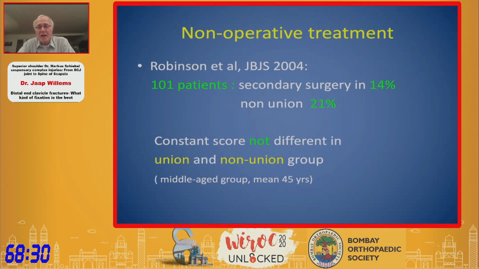He only did secondary surgery in 40%, and in 1 out of 5 there was non-union. And the Constant score was not different in the union and non-union group. It was a middle-aged group, mean 45 years old. So maybe in younger patients it might behave differently.